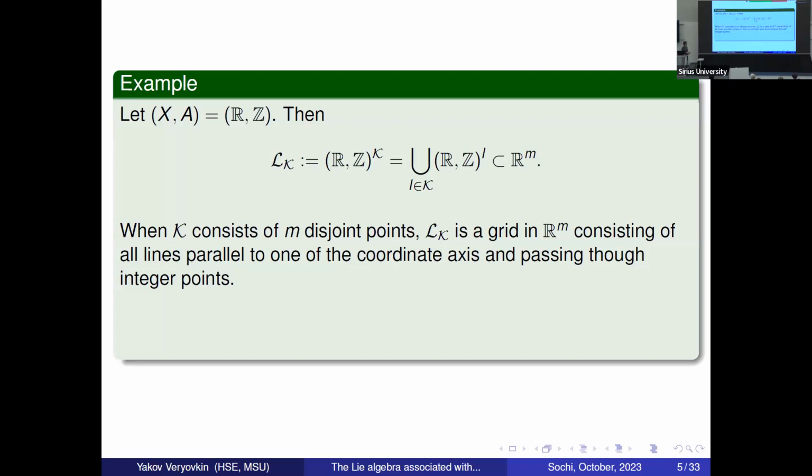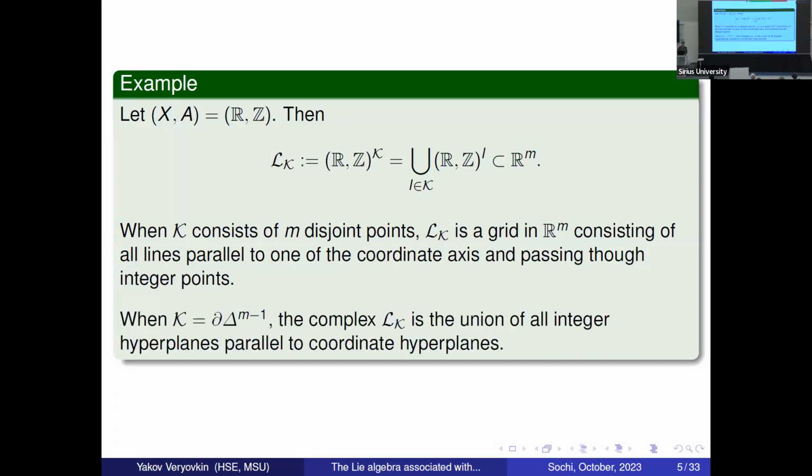For example, if m equals 2, we have a grid from integer points. When K is the boundary of the (m-1)-simplex, the complex L K is the union of all integer hyperplanes parallel to coordinate hyperplanes.